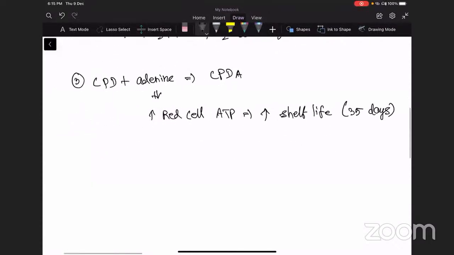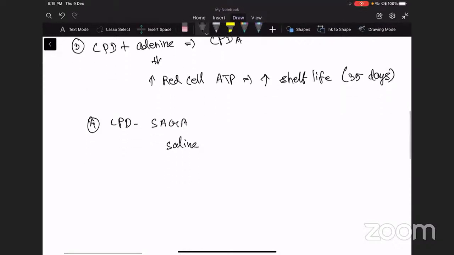And the last one is CPD-SAGM. With the CPD, they have added saline, adenine, which increases the ATP. Also, they added glucose and mannitol.